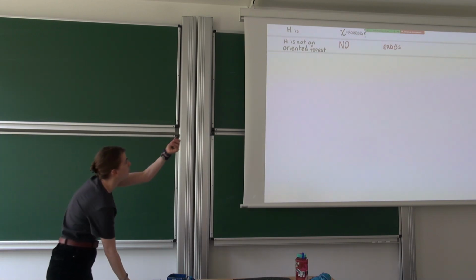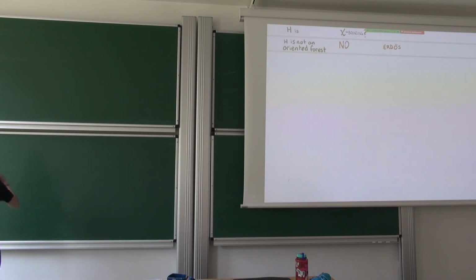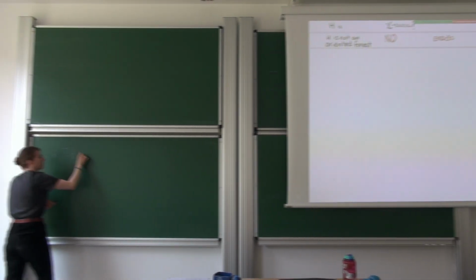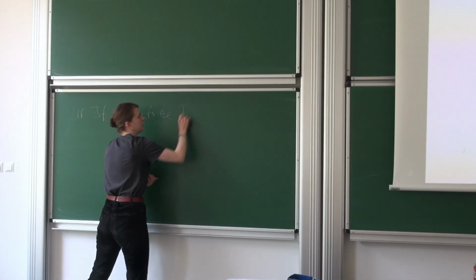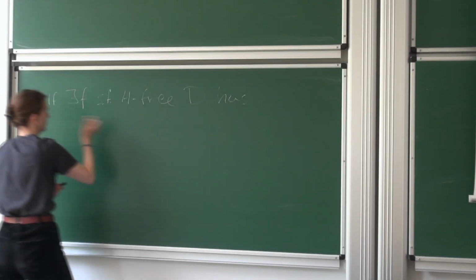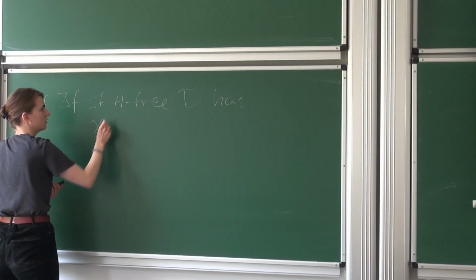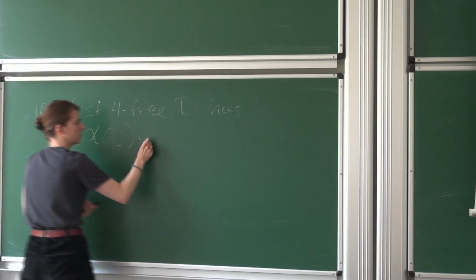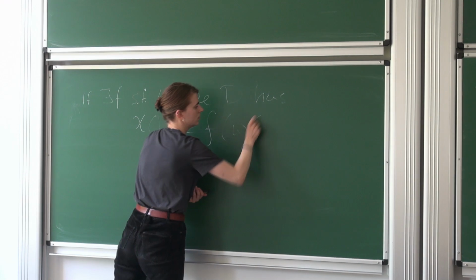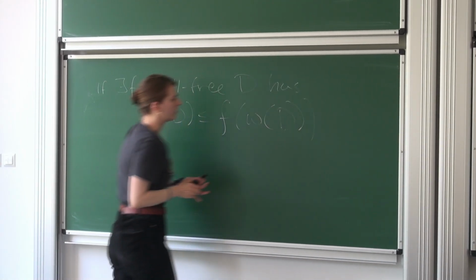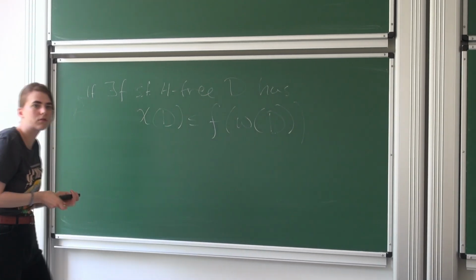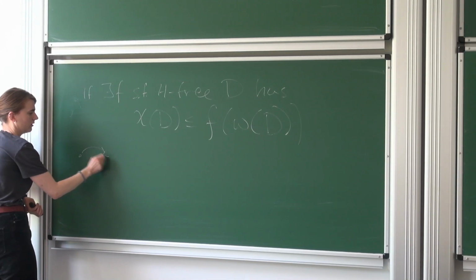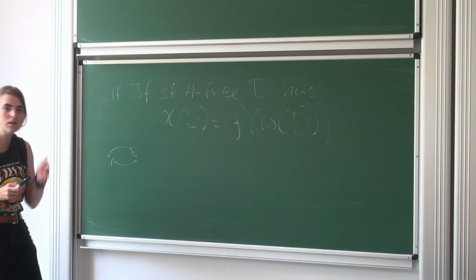I'm using this column as shorthand: chi-bounding if there exists f such that the chromatic number is at most f of the clique number for every induced subdigraph. It's a bit of an abuse of notation, because right now I'm considering D to be an oriented graph, so it doesn't have a directed cycle of length 2.